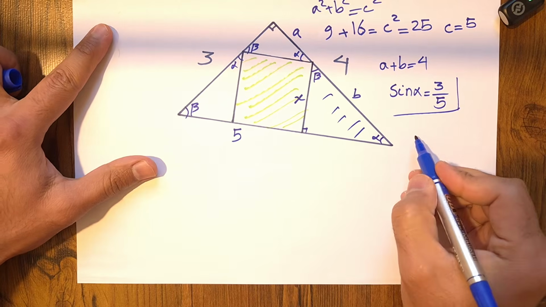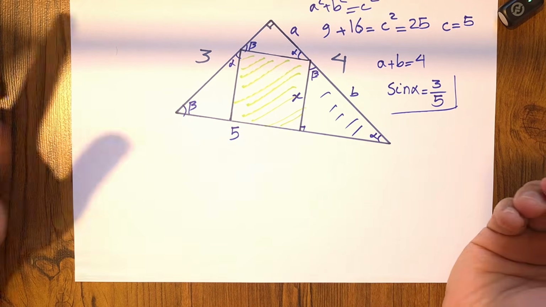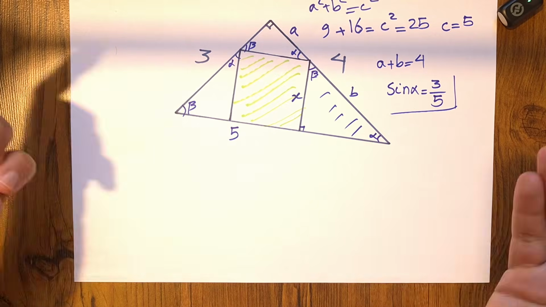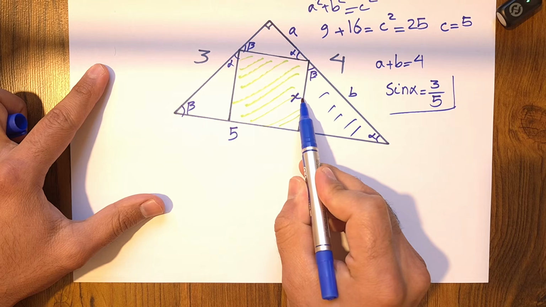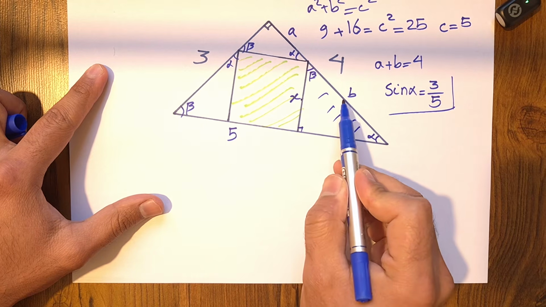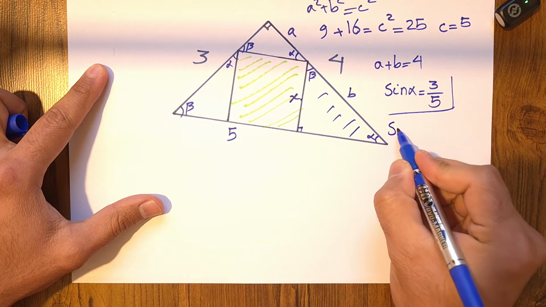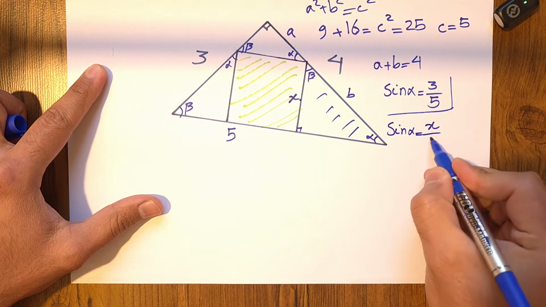The formula is the same, but the values are different. The sine of alpha equals opposite over hypotenuse. Opposite here is x, hypotenuse is b. So the sine of alpha in this little triangle is x over b.